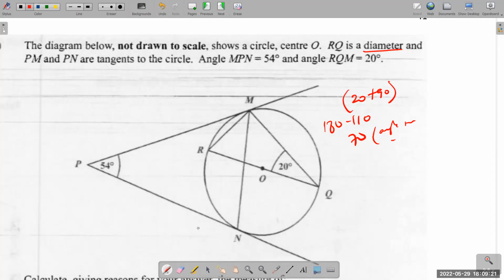Talk to me, because I'm not telling you the answer. This is a hard one. You've got to think. M and R. What is M and R?